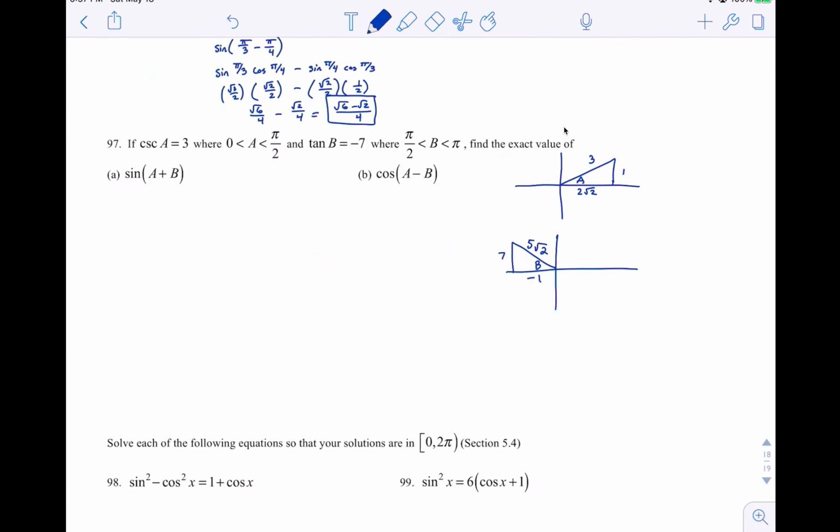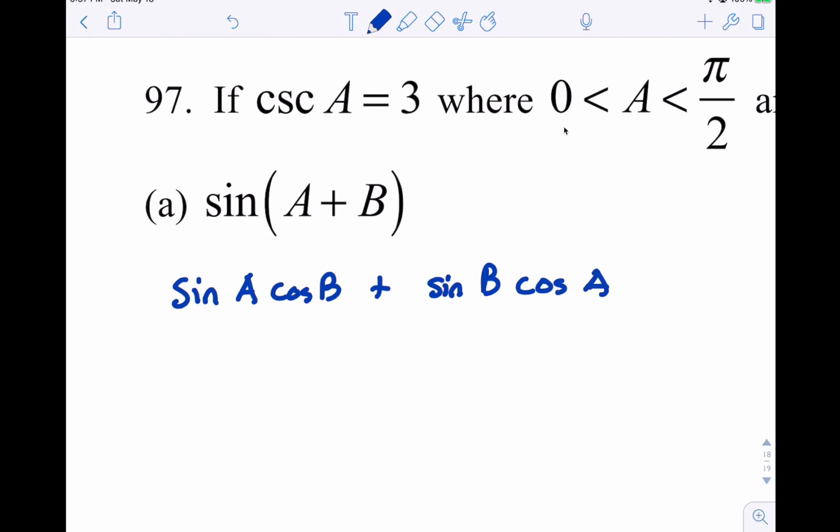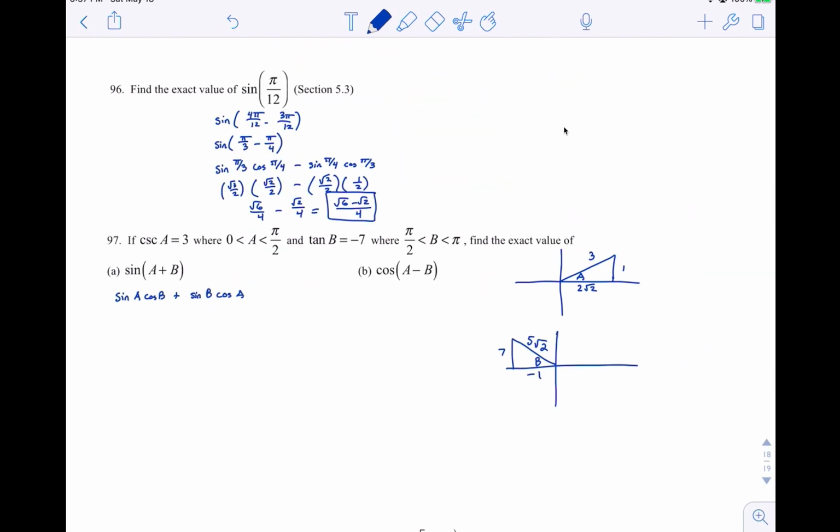Okay, so the first one, sine of A plus B. So we got sine of A cosine B plus sine B cosine A. So sine of A is going to be 1/3.